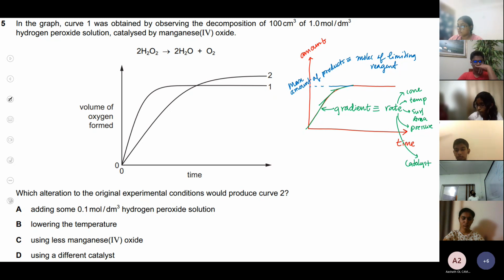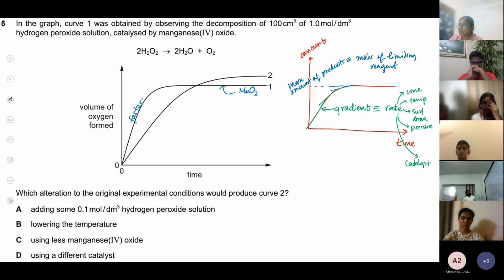So now we'll see. In the graph, curve 1 was obtained by observing the decomposition of 100 cm cube hydrogen peroxide solution, catalyzed by MnO2. Curve 1, MnO2 is catalyzed. That's true. It's faster.